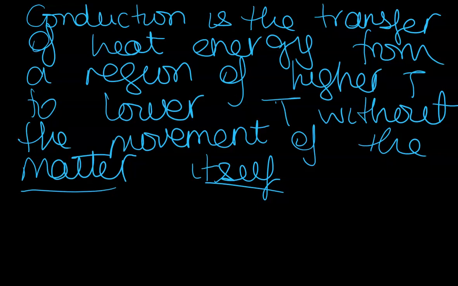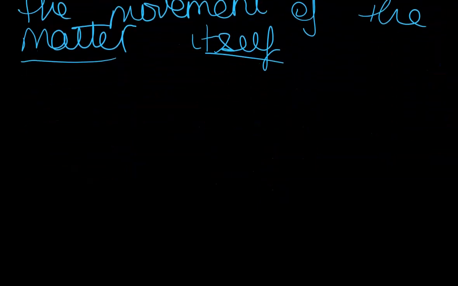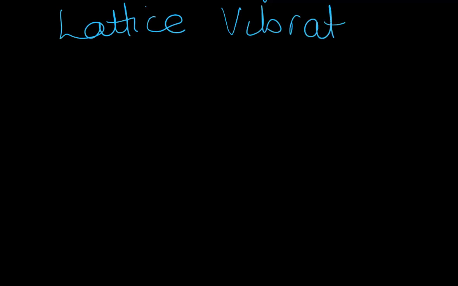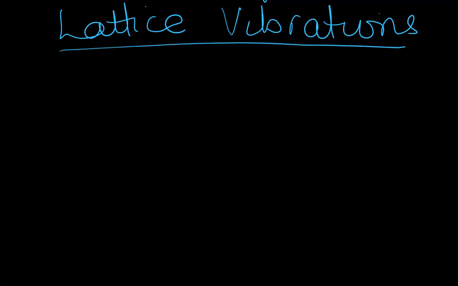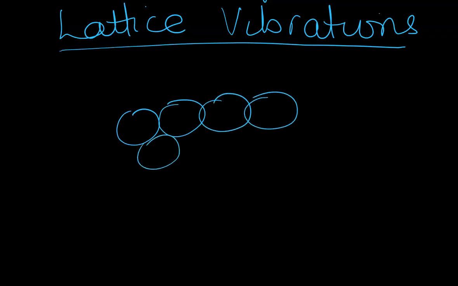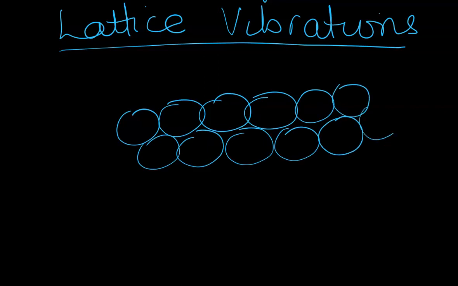So when we talk about conduction, we are talking firstly about lattice vibration. There are two methods by which heat can be transferred without the movement of the molecules itself. That's what I mean by the matter itself. So if you talk about lattice vibration, you are considering a state where the molecules are tightly bound to each other. So the molecules themselves are in close proximity to each other.